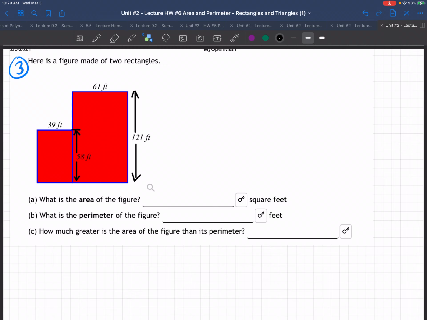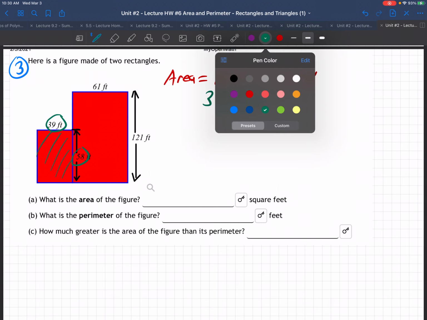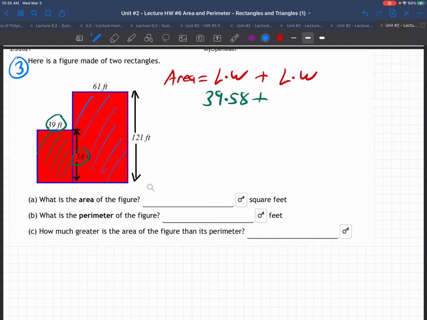All right, so how do we find the rectangle area? The area is just length times width for one rectangle plus length times width for the other. So that's going to be 39 times 58 for that rectangle, and then for the other rectangle, the area is one side times the other, 61 times 121.